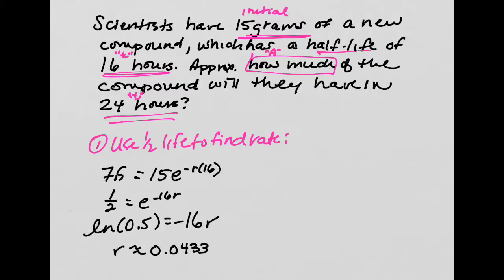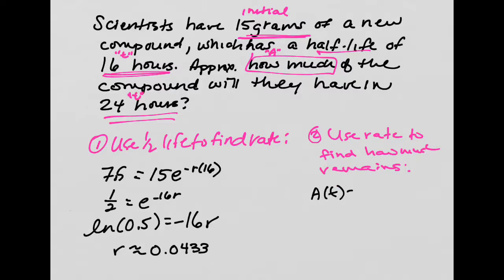Right, so in this case, we're not going to go back and use the rate to find a time. We're going to use the rate to find out how much. Okay, so use the rate to find how much remains after 24 hours. All right, so if I write this formula down again, A of t equals A sub 0 e to the negative rt.